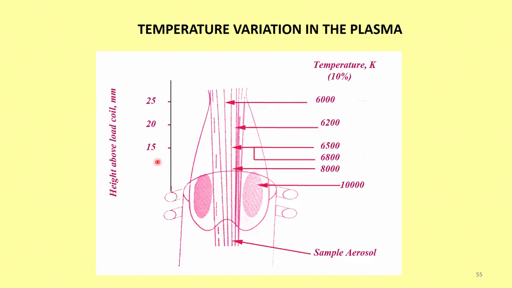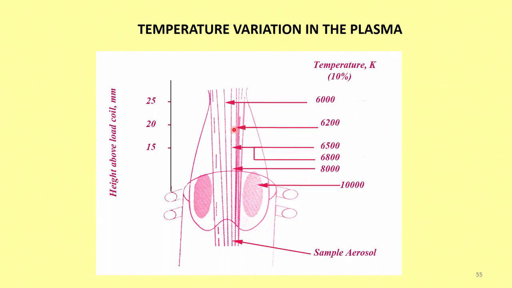Approximately near the tip, we have a temperature of about 10,000 degrees. At this temperature, Bremsstrahlung would be very high, and then you go slightly up, the temperature is around 8,000, and then 6,800, 6,500. Around 15 millimeters, the temperature of the plasma comes down from 10,000 to 6,500.